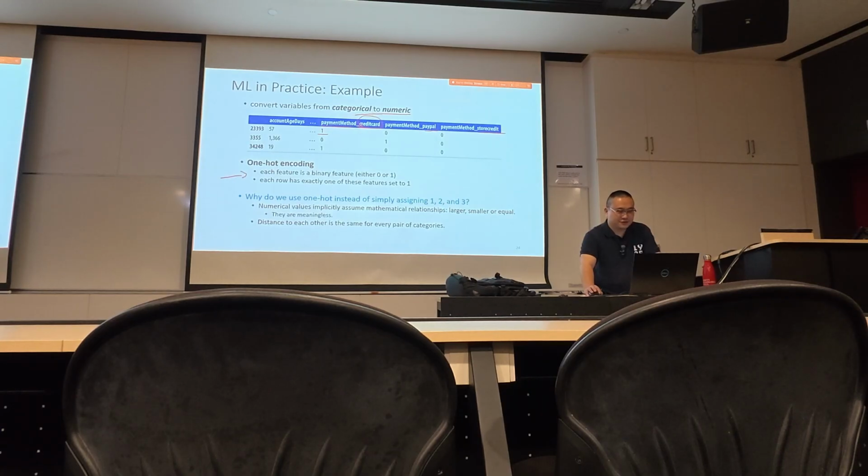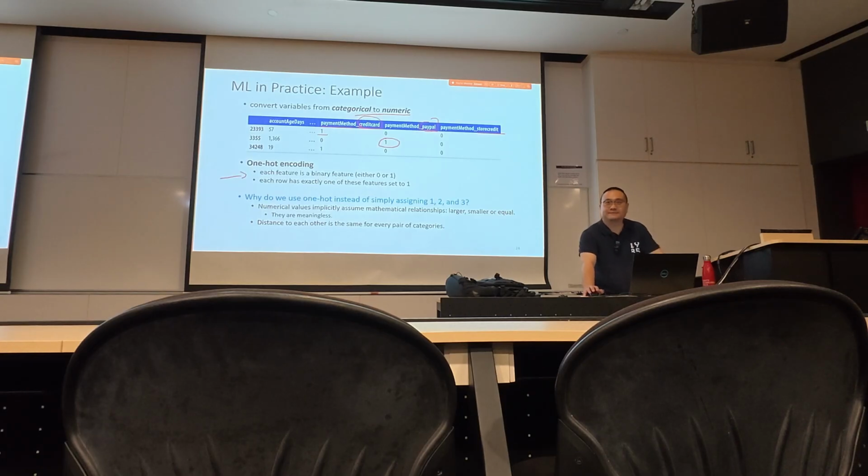And if the original text is PayPal, we set that feature as one. In this way, we convert the text into numerical features. This is called one-hot encoding. In this way, we can prepare the numerical features for the model to process.